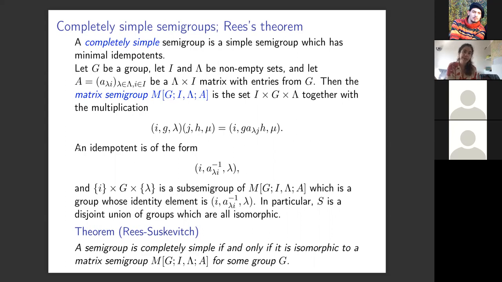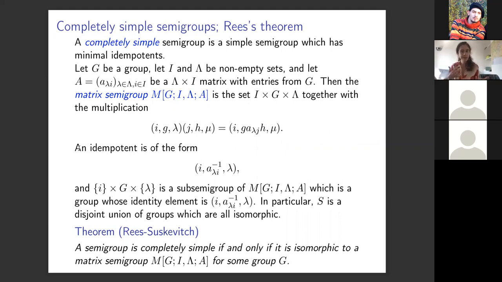So this is a slide about matrix semigroups, and Rees in the 1940s proved a result where he characterized completely simple semigroups. What Rees showed was that a semigroup is completely simple if and only if it is isomorphic to a matrix semigroup.